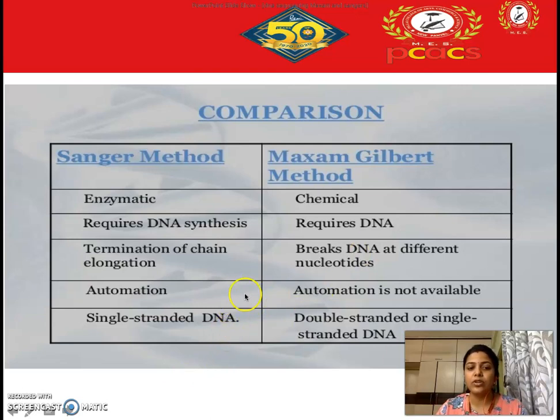Single-stranded DNA could be used in the case of Sanger's method. In Maxam-Gilbert, you can start with a double-stranded DNA. If you are starting with a double-stranded DNA, then you have to apply denaturation first, or you can start with single-stranded DNA. So these were the two conventional methods of DNA sequencing. In the next lectures, we will be seeing some next generation sequencing methods. Thank you.